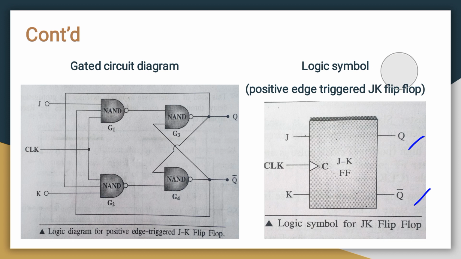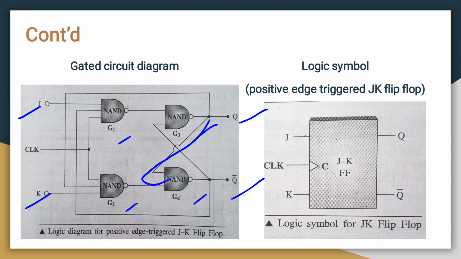Next we have to concentrate on the gated circuit. In the gated circuit, J and K are the inputs and Q and Q bar are the outputs, according to 2 inputs and 2 outputs. Next we use gate 1, gate 2, gate 3, gate 4. Already in the RS flip-flop, we gave the output of G3 as an input to G4, and the G4 output as an input to G3, and the clock is applied to G1 and G2, right?